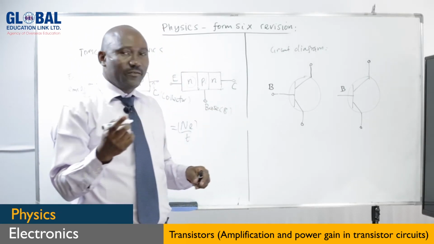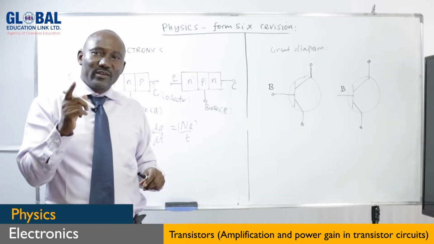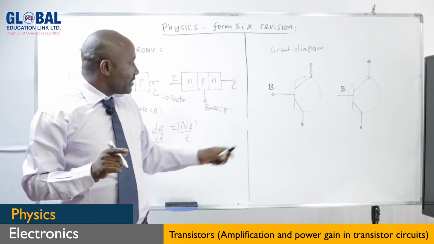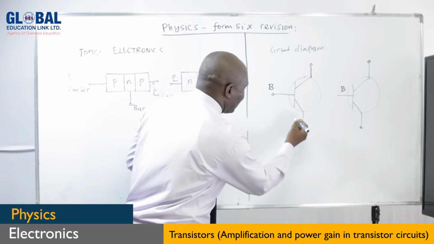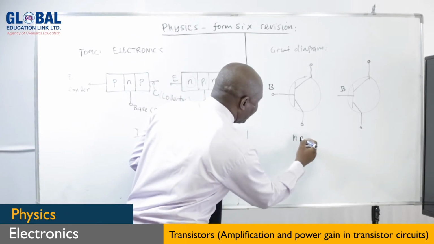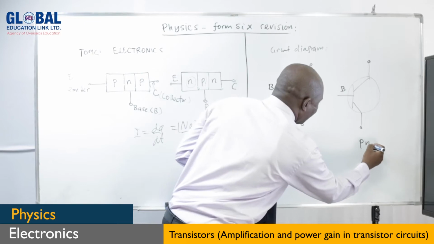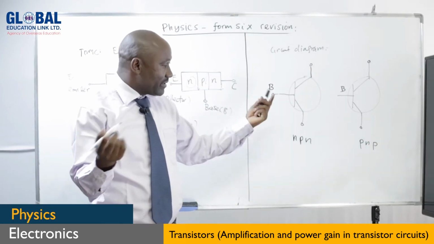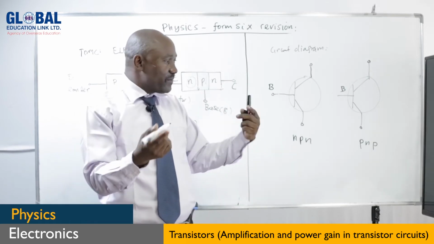So the emitter, if you remember, is the one which must be showing the direction of the current, how the current flows. So if this is the emitter, and let's talk about that, maybe this is NPN, and this is our PNP. The way you remember in your studies, you make this life easy.